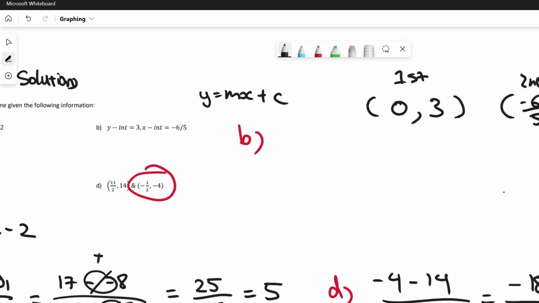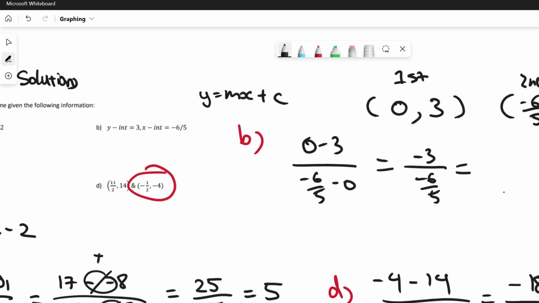So working out the gradient, we've got 0 minus 3 over -6 on 5 minus 0. So it's just -3 over -6 on 5, which is 15 on 6, which simplifies to 5 on 2.